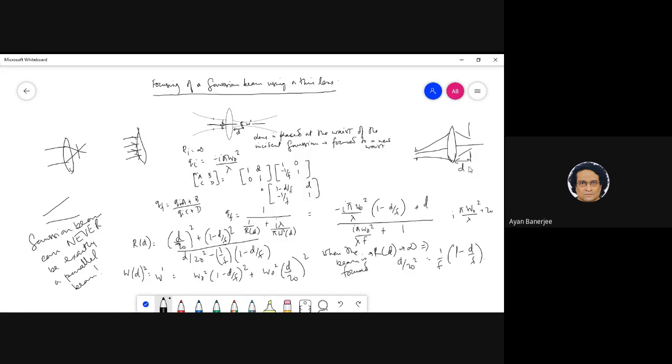Now you can ask what is the meaning of the focal length of a lens, and how do we characterize that? Remember the way you find the focal length: if I give you a lens, you place it under a tube light and see where things are imaged.